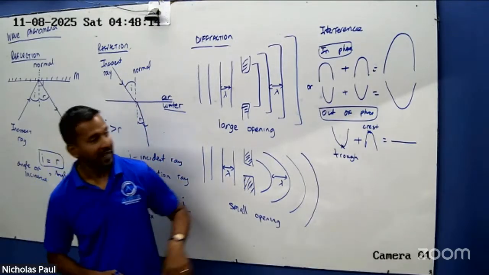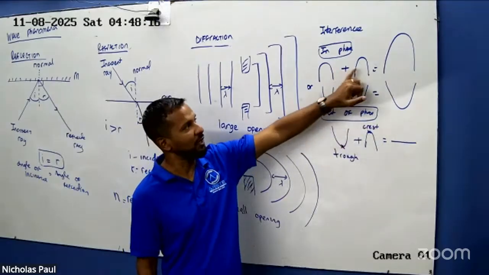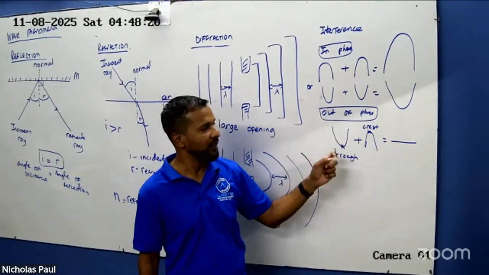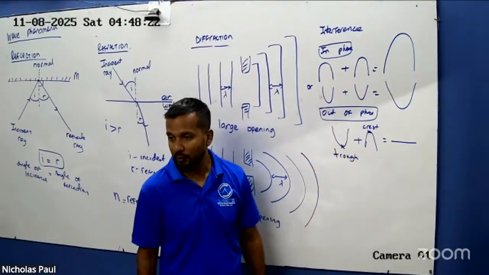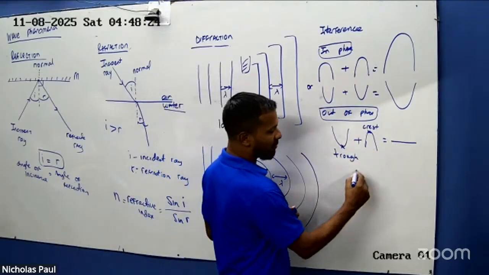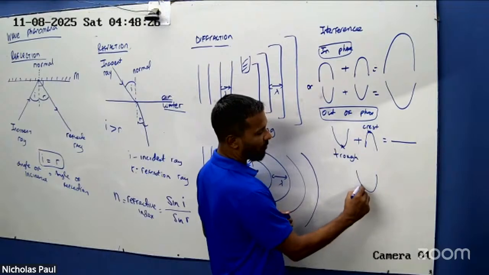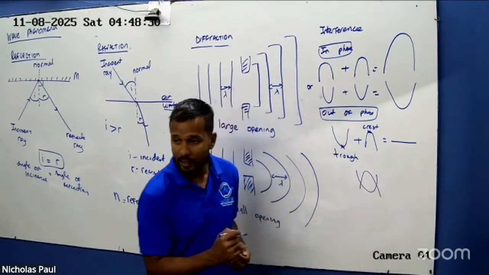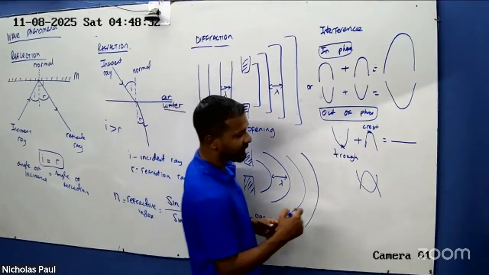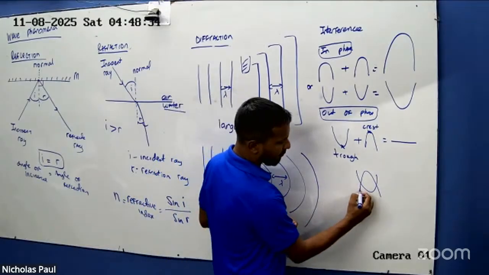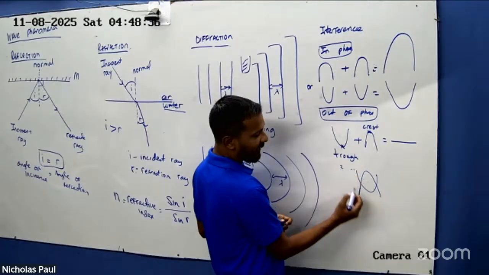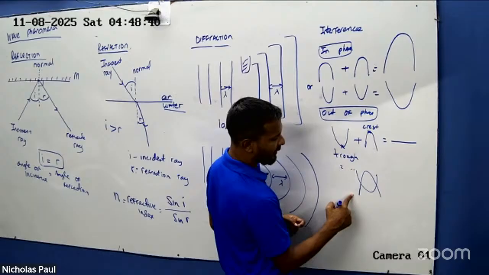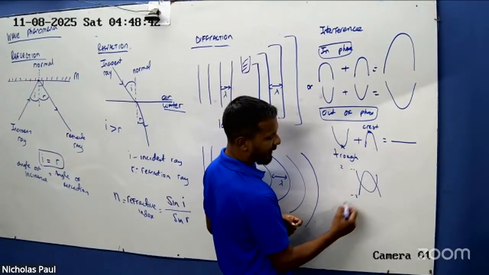Right, remember, in phase simply means a crest and a crest meeting up, or a trough and a trough meeting up. Out of phase means these two meeting up. So imagine if a trough overlaps with a crest. If you were to add up the points, let's pretend here is about 2, and here is about -2.